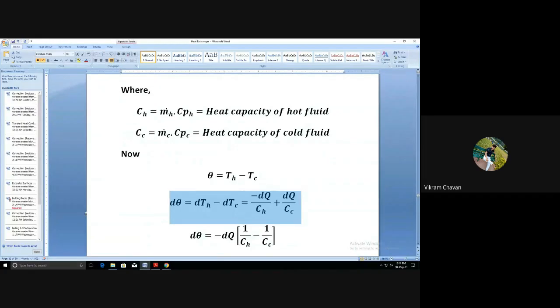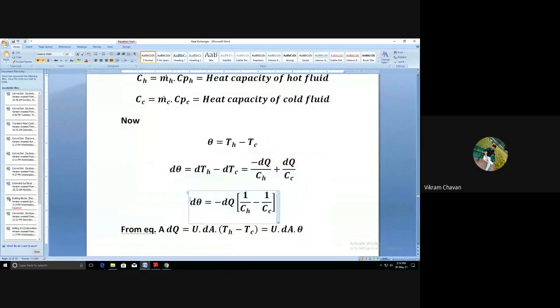Therefore, if you take the minus dQ sign common, d theta is equal to minus dQ inside bracket 1 upon Ch minus 1 upon Cc.